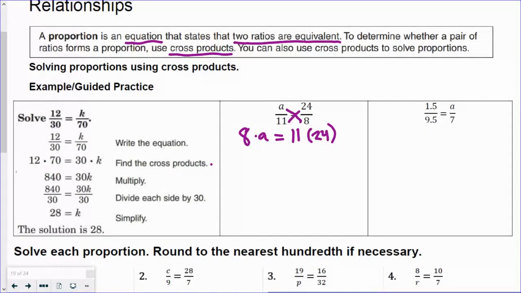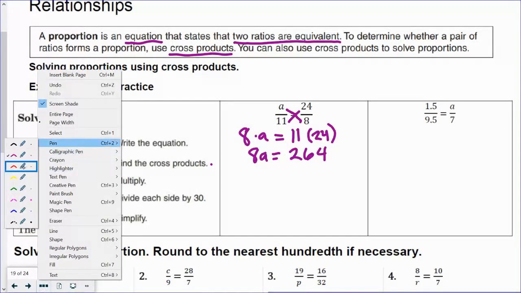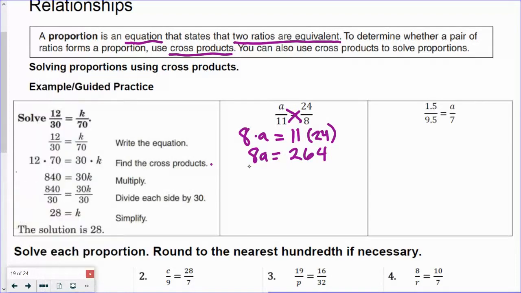Okay, so then we just got to come up with what this is. So 8a stays the same. But 11 times 24 is my 264. Now I'm going to change color just to show you exactly what we're doing here. Now I'm going to divide by 8. Why 8? Well, because that's what's with the variable, and that's what we want to isolate.